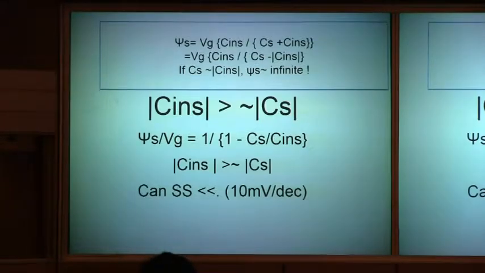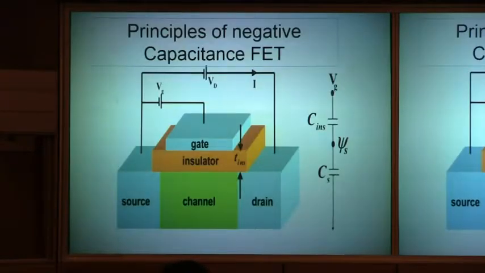I will explain a little bit using a very simple theory. This phi is the real control potential to control the channel, and the outside is the gate voltage. So how do we boost the outside control voltage to here?